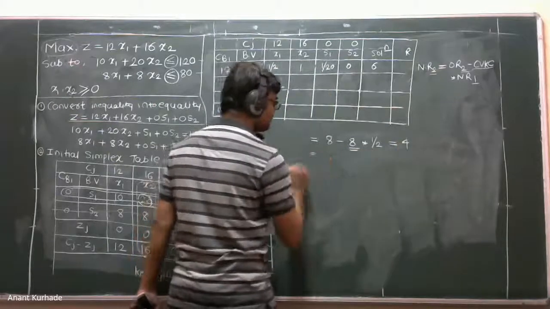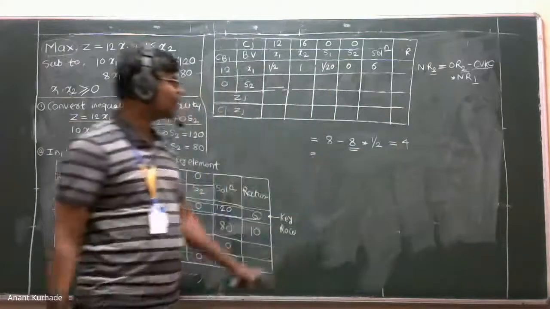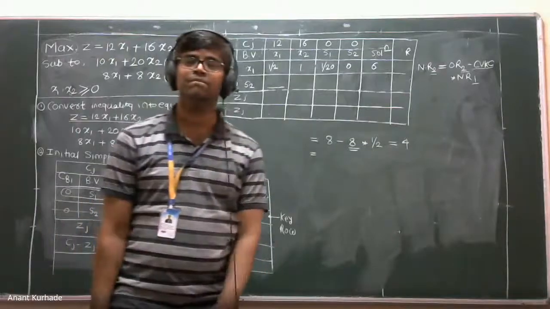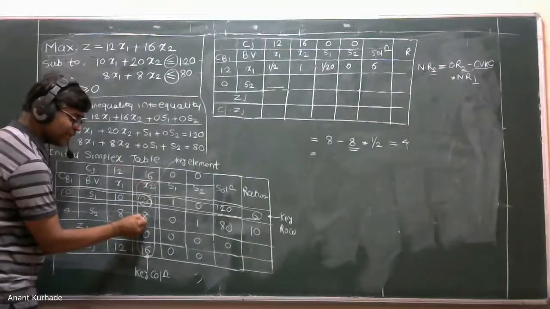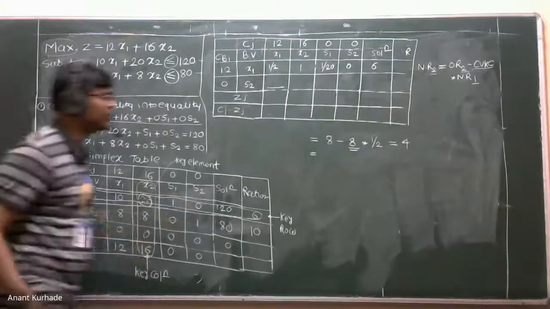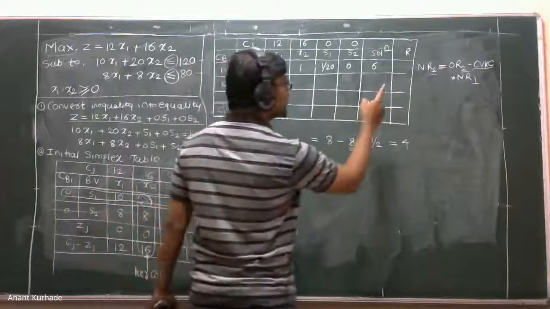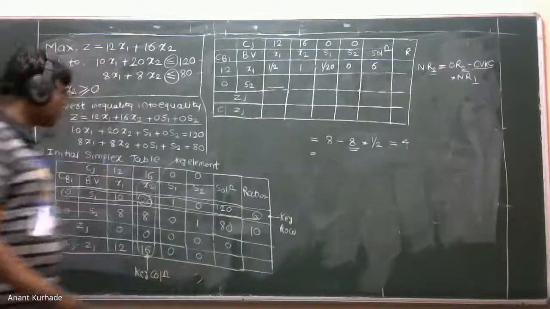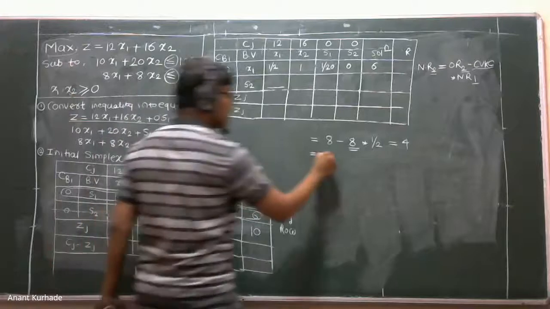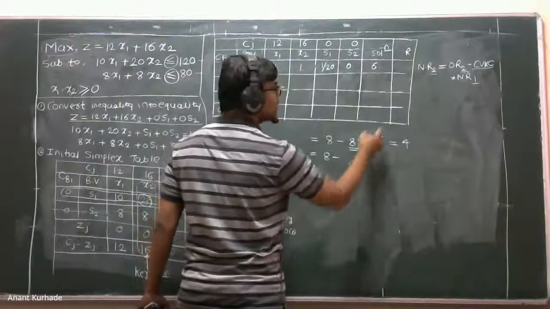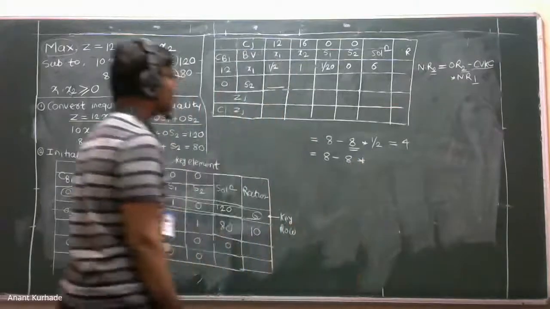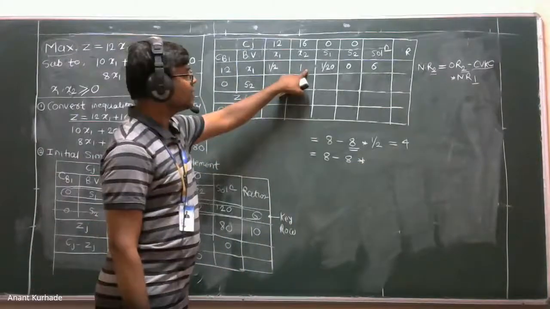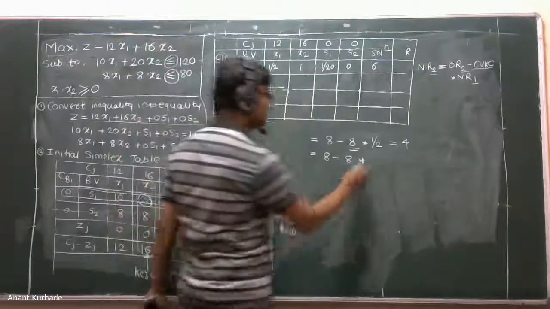Now second, can anybody tell me what we have at second place? It is 0, because the second column is our key column, so here 100% you can find 0. Old value of R2 is 8. 8 minus 8 into new value from R1, which is 1.